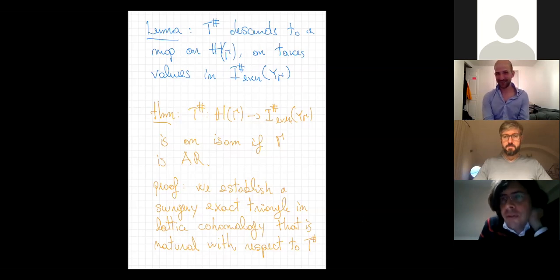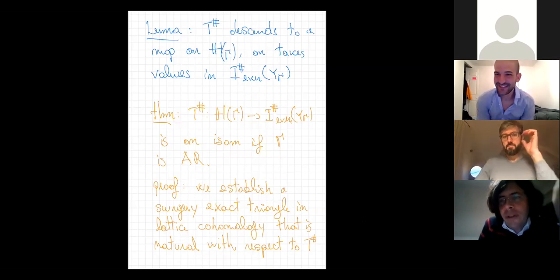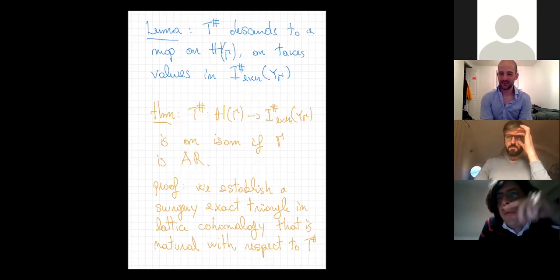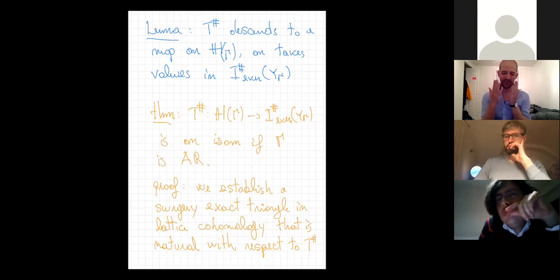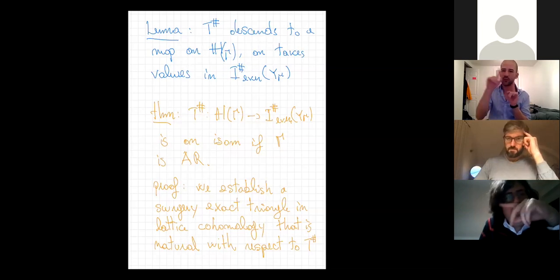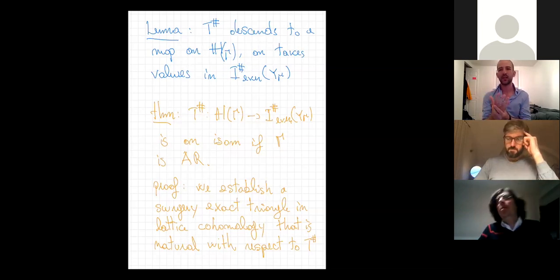Yeah, I have a question. Hi, Paolo. The surgery exact sequence in lattice Floer homology didn't exist before? It existed. The point is that there was a sign issue. To prove the commutativity of the squares in a very natural way, we decided to change the exact sequence on the lattice side.